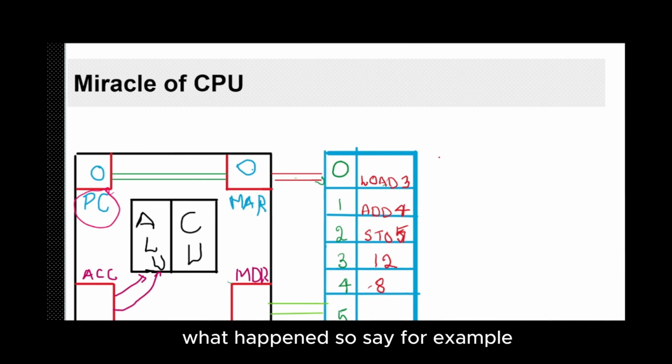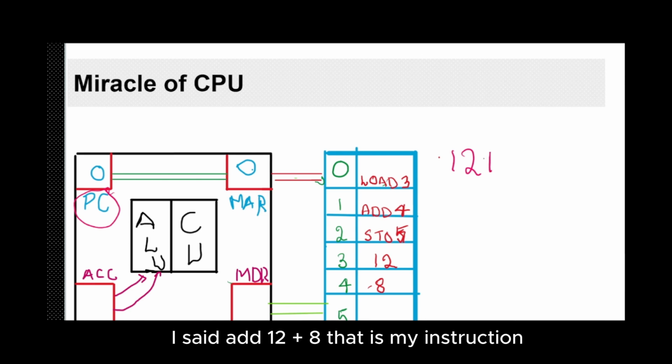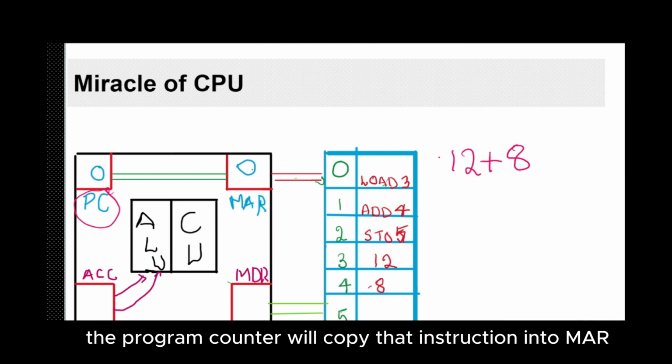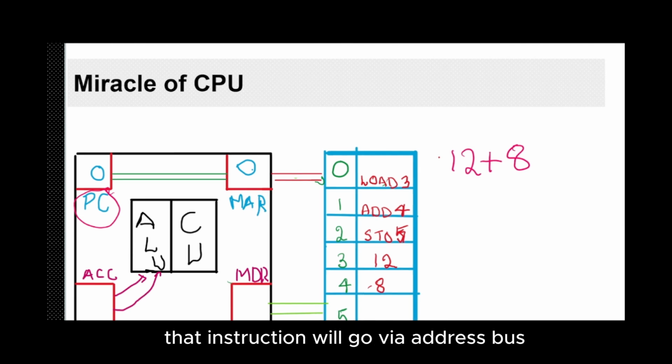Say, for example, I said add 12 plus 8. That is my instruction. As soon as I've typed that in, the program counter will copy that instruction into MAR. That instruction will go via the address bus, okay?